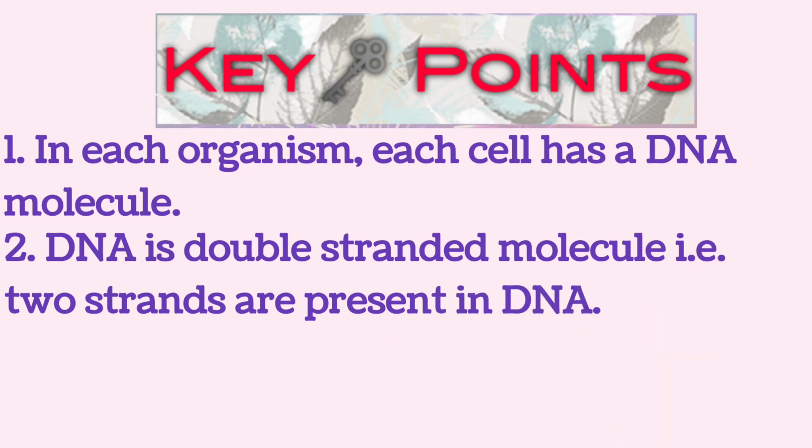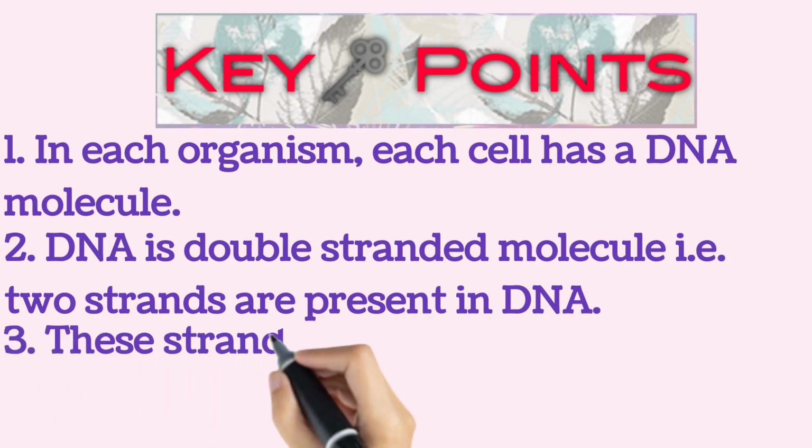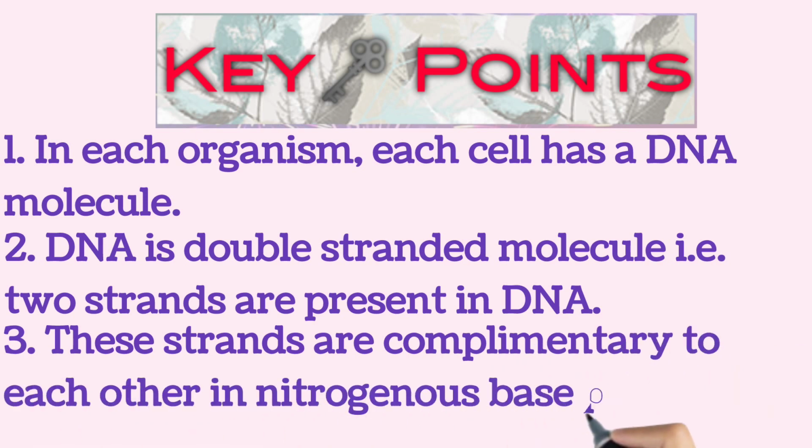The second point is that this DNA molecule is double stranded, which means it is a duplex and contains 2 strands. The third point is that these 2 strands of DNA are complementary to each other in nitrogenous base pairing.